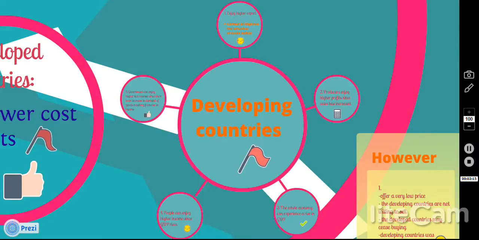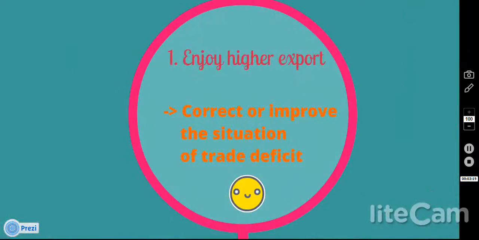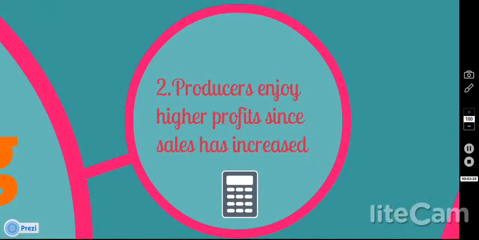For developing countries, by practicing this pattern, it can increase exports, thus helping to correct the trade deficit. Besides, producers in developing countries can enjoy high profit since sales have increased.